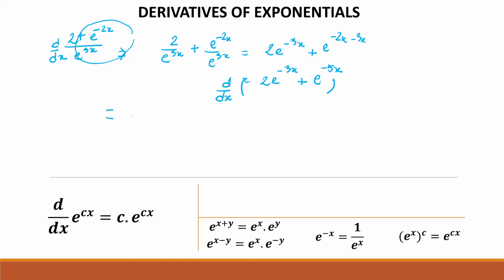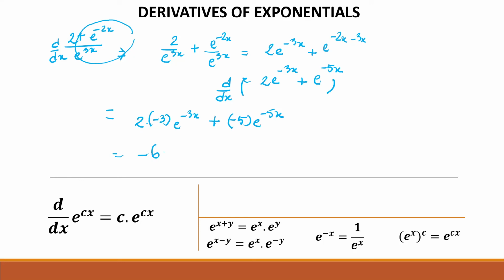Instead of applying all those quotient rules, dividing and squaring, it would simply be 2 times the derivative of e to the power minus 3x. We have constant minus 3, and then e to the power minus 3x plus the derivative of e to the power minus 5x. We have minus 5 e to the power minus 5x. So here's our result.